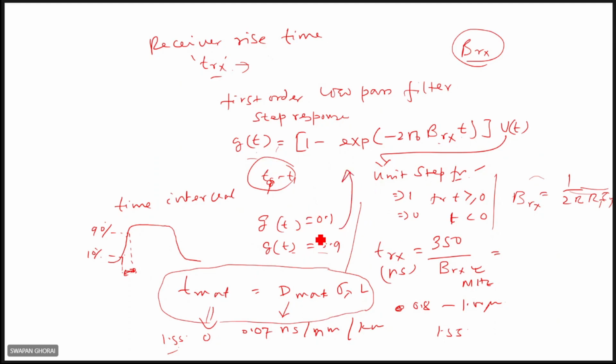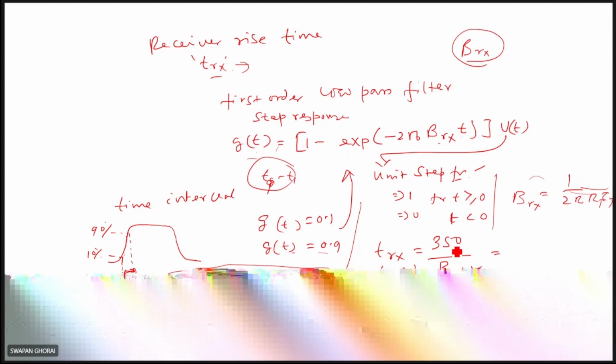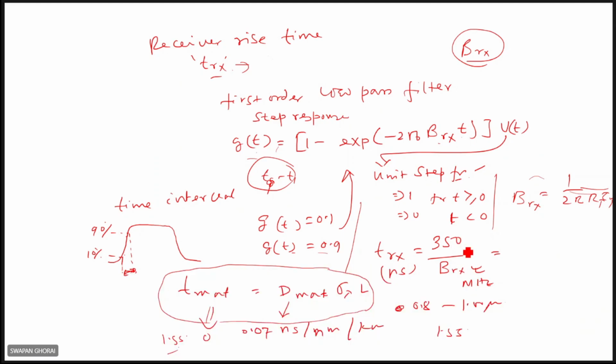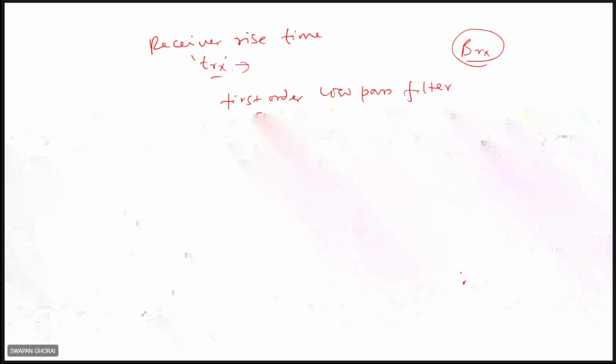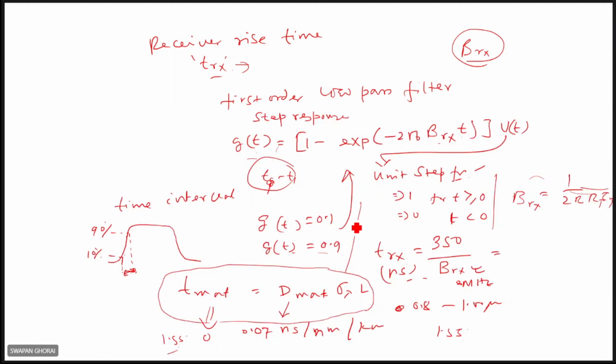Once you put 0.1, and another case 0.9, then you can find out TRX, the time difference between these two. That will actually be 350 by BRX. Directly, this TRX is in nanosecond, and BRX in megahertz. It is not too difficult. You can find out this one.